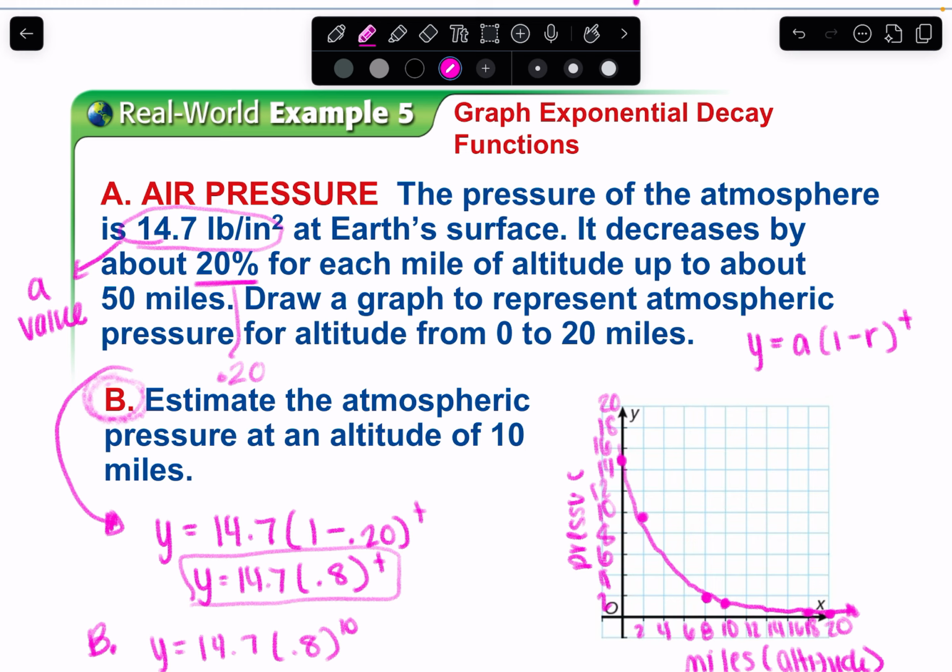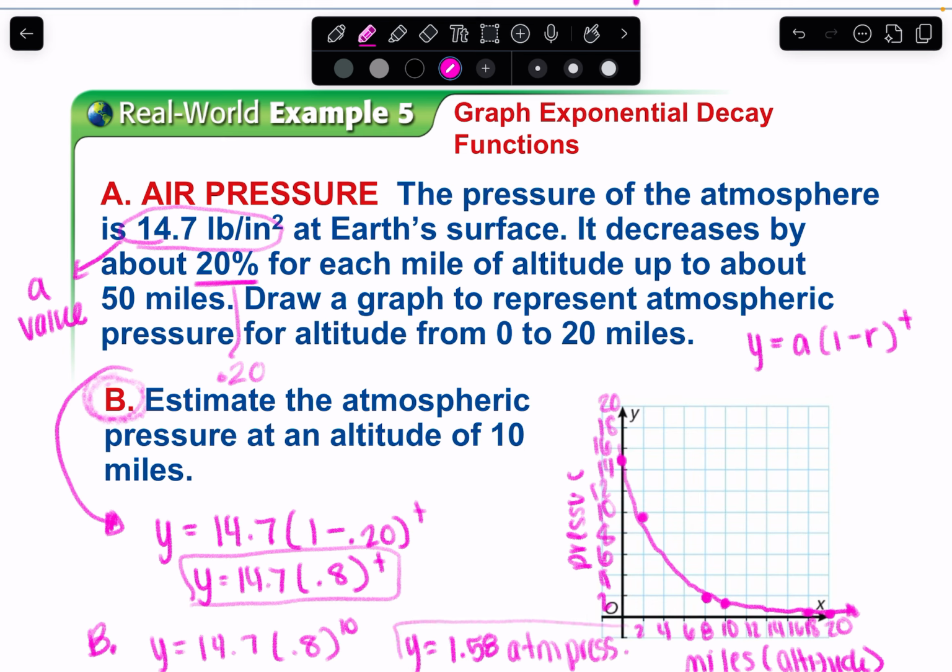You are just plugging that into your calculator and answering. 10 is one of the numbers I did whenever I plugged in to actually find the graph. So whenever you solve this, you would get y is equal to 1.58. And it would be atmospheric pressure. However you want to abbreviate that, you could just write AP or just pressure.